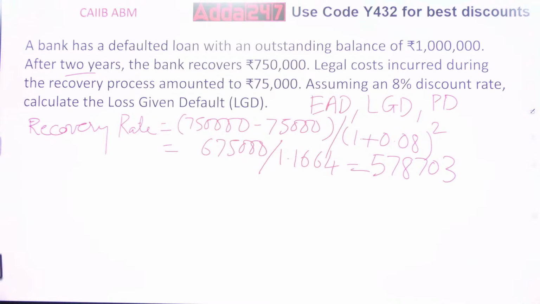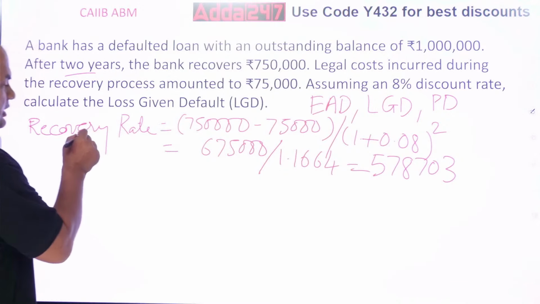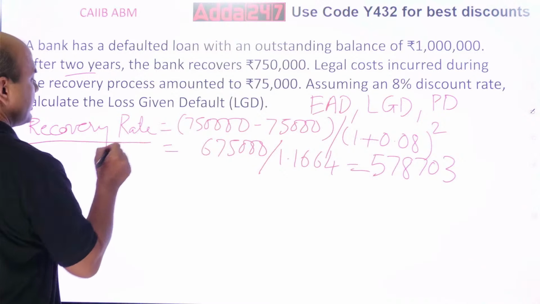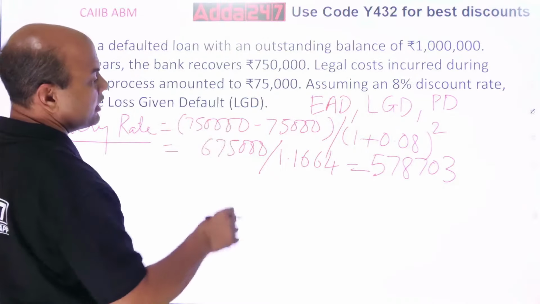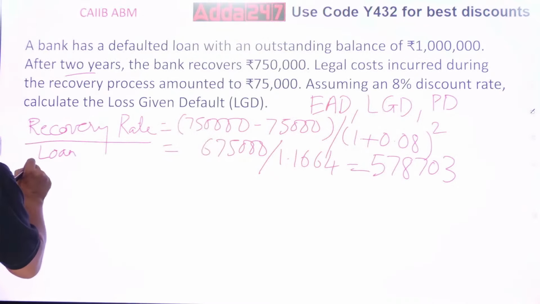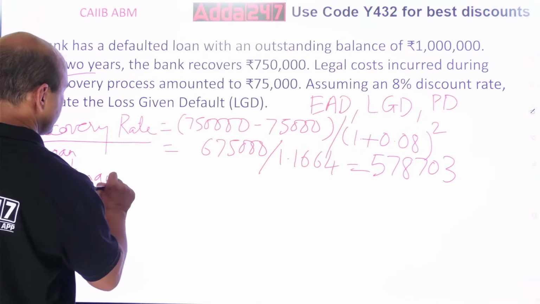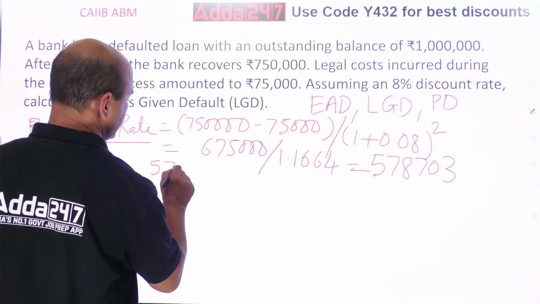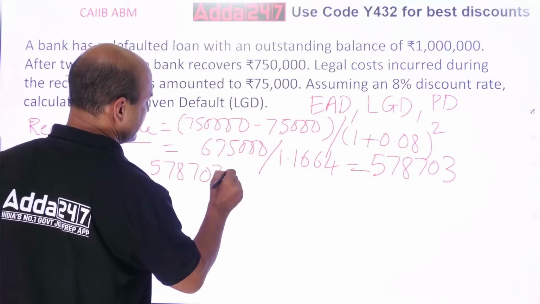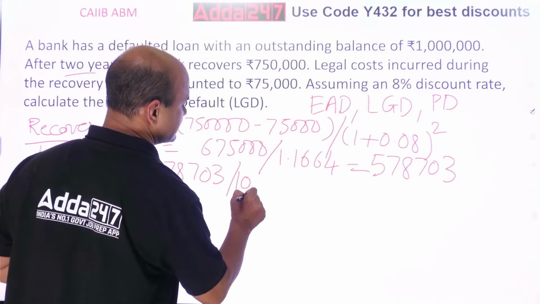Why? Because the recovery rate is actually this figure upon your loan amount. This is what you have to calculate. This full figure upon loan amount. So RR upon loan equals 5,78,703 upon the loan amount of 10 lakhs.